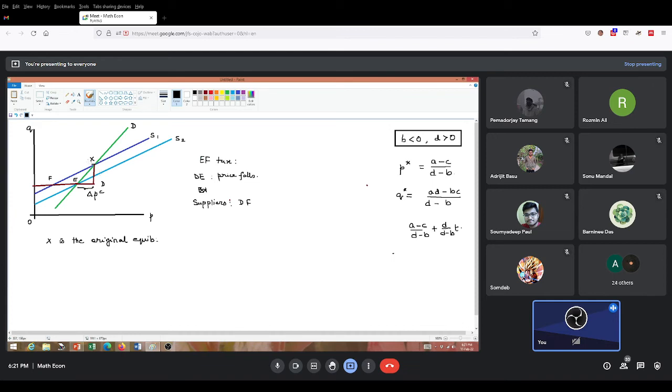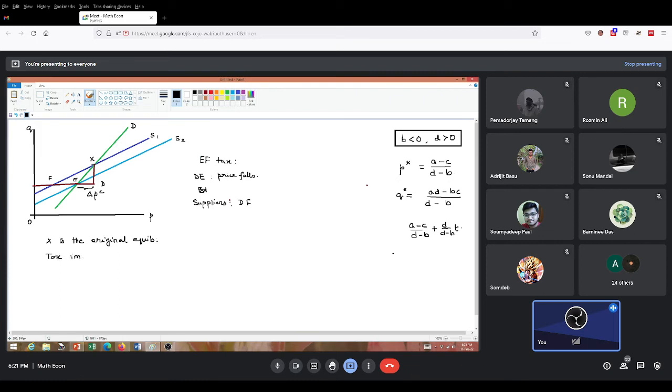Once the tax is imposed, it means that the consumers are paying, and the producers are getting a price like this. The market price is determined based on the blue line.